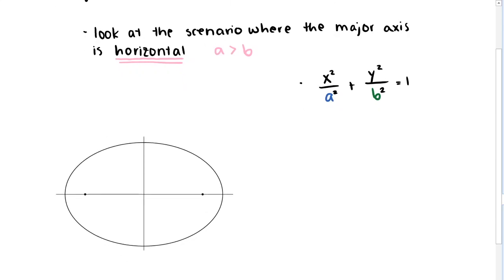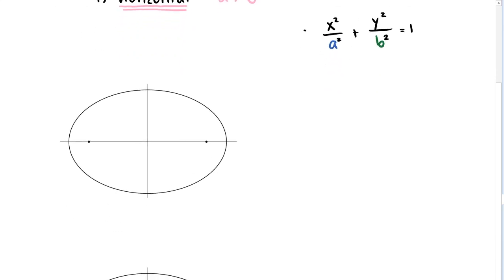Here I've got that ellipse drawn out, where we can see these points, usually called the vertices of an ellipse. These would be a comma 0. This distance here is supposed to be a, and if the ellipse is centered at the origin, then a units to the right would be that vertex.